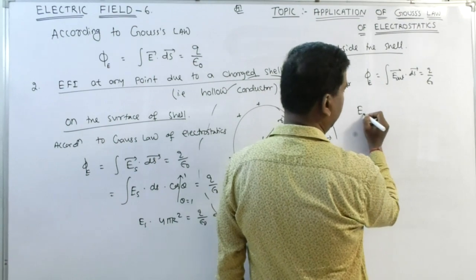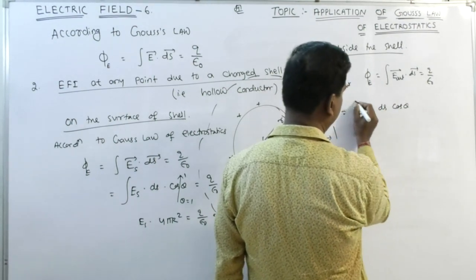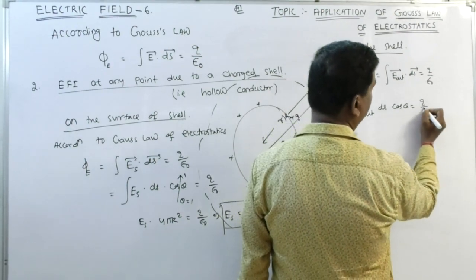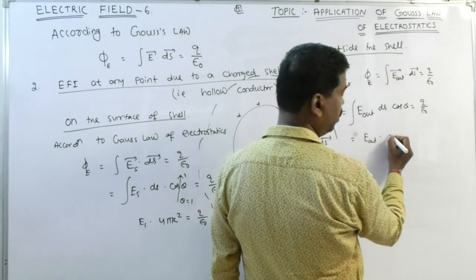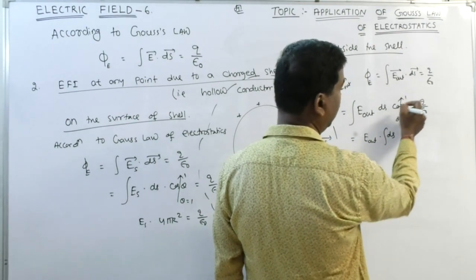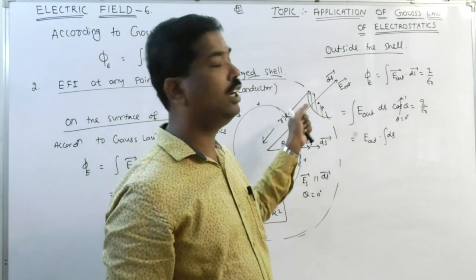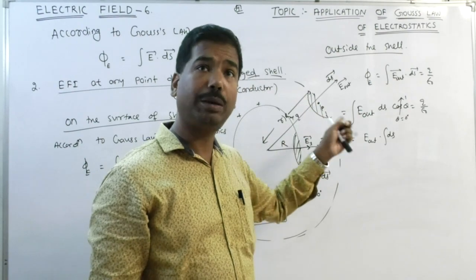So E out ds cos theta is equal to Q by epsilon 0. Again theta is equal to 0 degree, cos theta is 1, because the ds vector and the electric field are both parallel to each other and both perpendicular to the surface of the conductor.